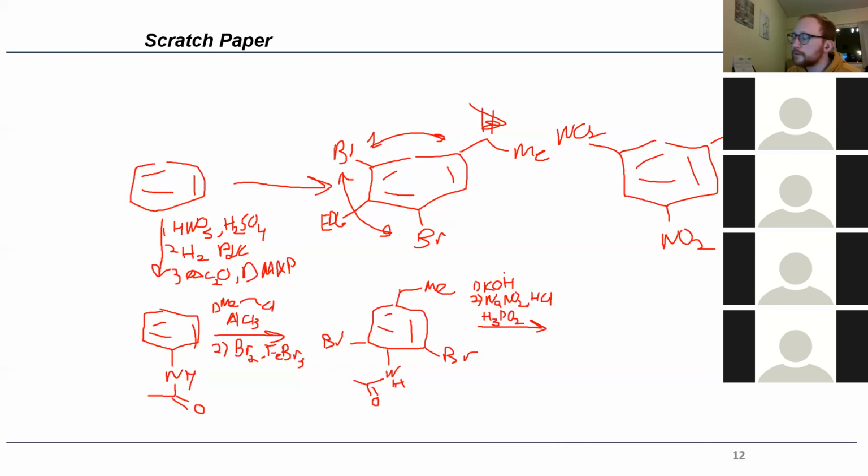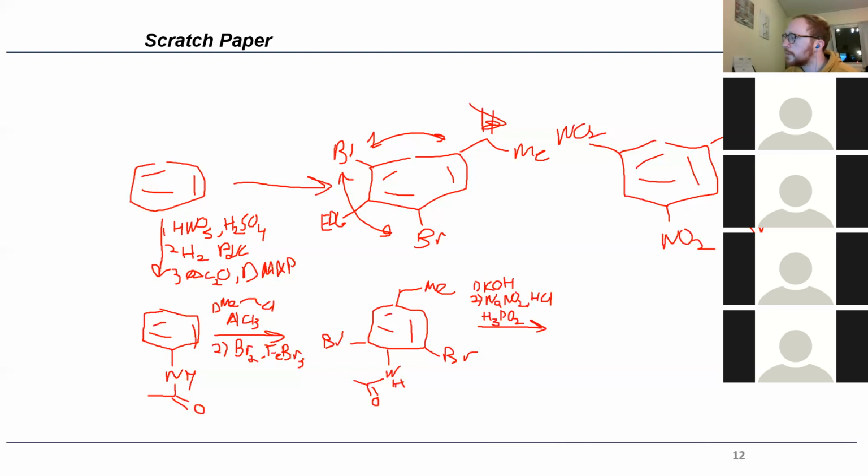Yeah, and we'll follow through on this just for everyone to be clear. So we'll form the thioacetal out of this, then reduce with, oops.